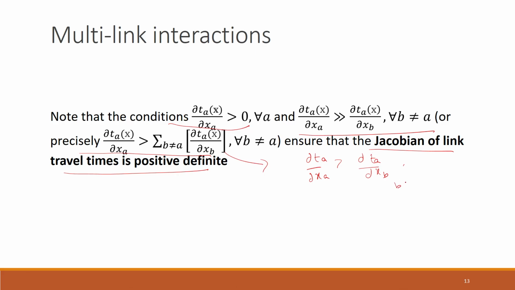In the two link case, we had considered TA to be a function of xa and xa dash, so we will just have one term here instead of this summation.